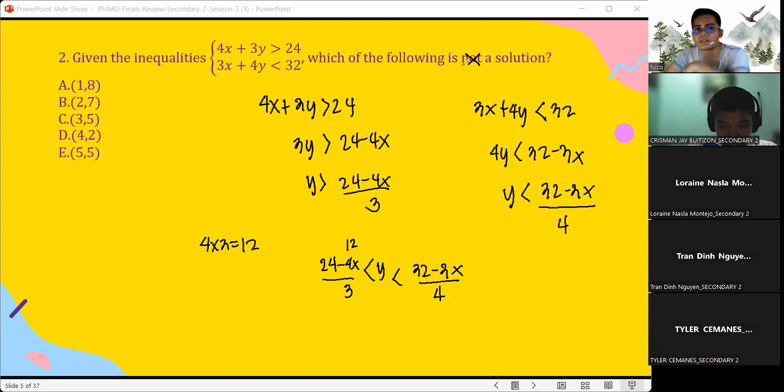Yes. So the answer here is C. I was so confused about A, B, D, E, like there are four answers. It was which of the following is a solution, not not a solution. So this is an error. Can you look at your class marker and double check? If you get the correct answer, then that's correct.